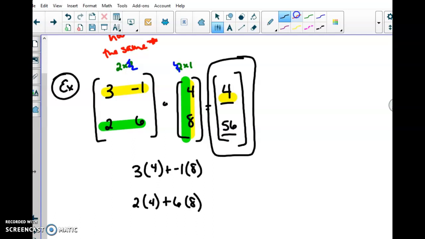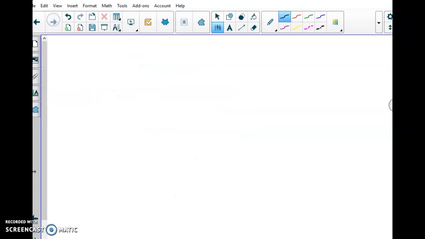And last but not least, talking about an inverse matrix. But before we talk about an inverse matrix, we need to first talk about the determinant, because the determinant is going to help you find your inverse.